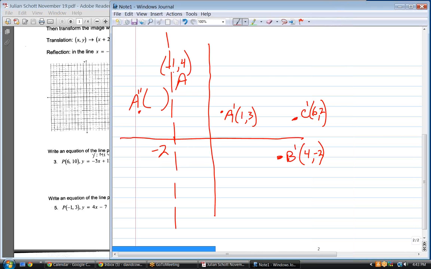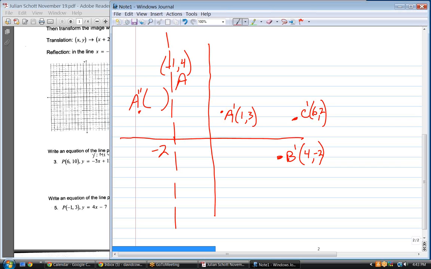So that's what this dotted line is, x equals minus 2. If I want to reflect A prime over that line, it has to end up as far away from that dotted line as it currently is.